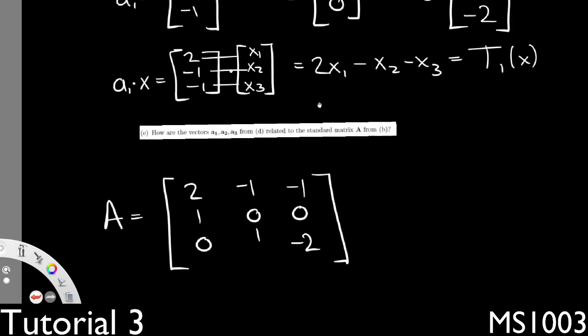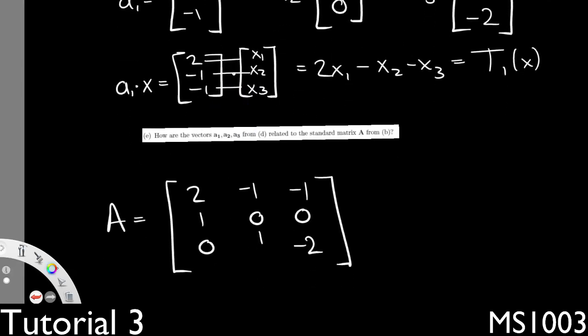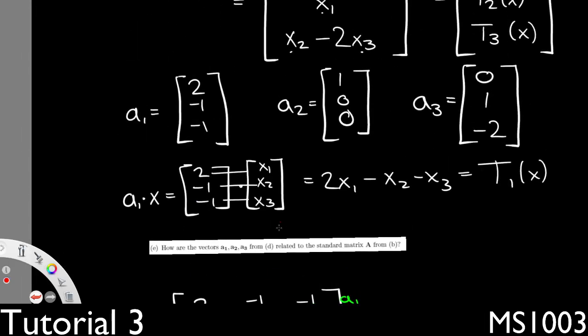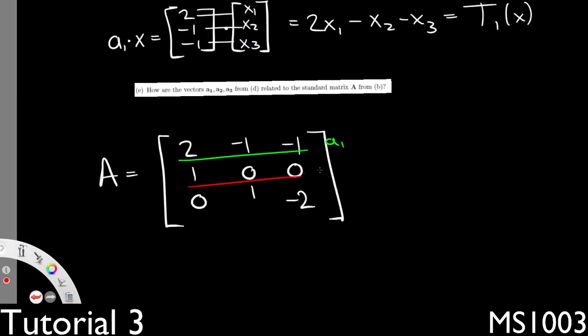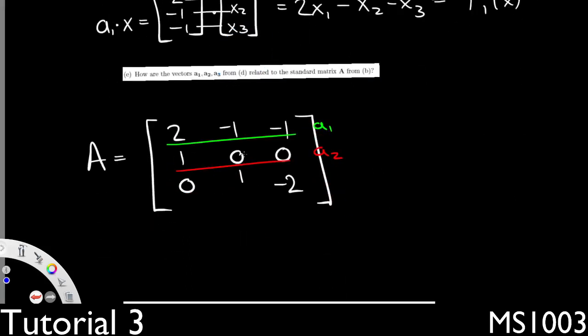And if we look at our A up here, we can see that a1, (2, -1, -1), is exactly here. a2 is (1, 0, 0), and we can see that (1, 0, 0) is here. And finally, a3, (0, 1, -2), which we can see is exactly here.